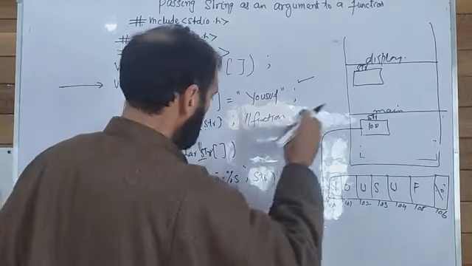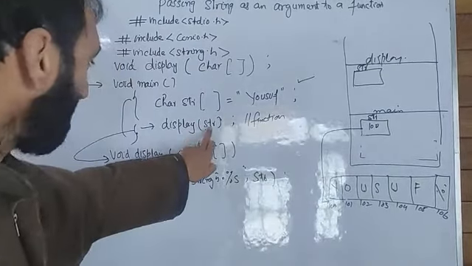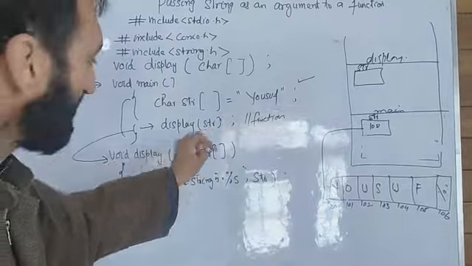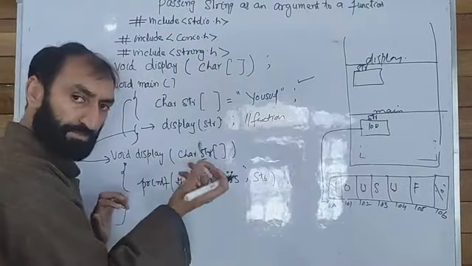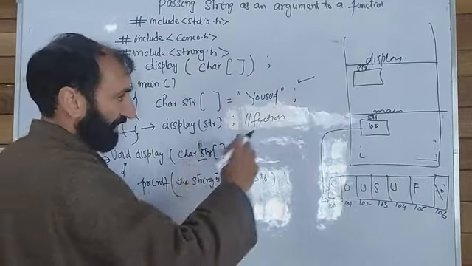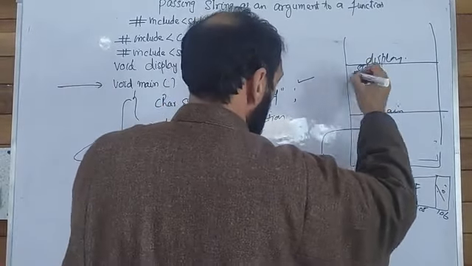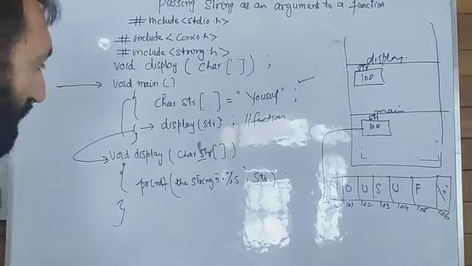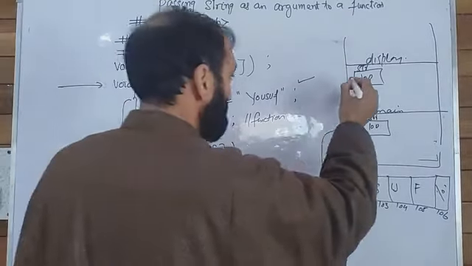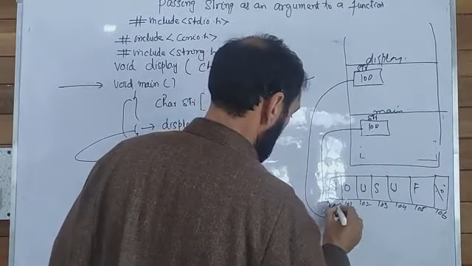Because here it will send the address of the first byte, it will pass the address that will be held by this STR. The address of the first byte, 100, will get stored here, and that will also point to this memory location.